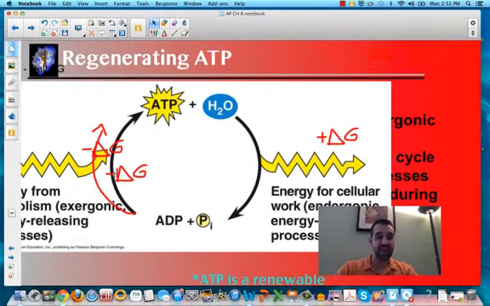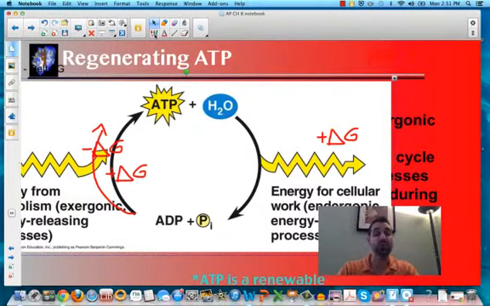We've used the exergonic reactions from our cell, breaking things down. We've released that energy, and that drives the endergonic synthesis of ATP. But we've had exergonic reactions in our cell. We still have endergonic reactions that we need energy for. And we're going to get that energy from ATP.